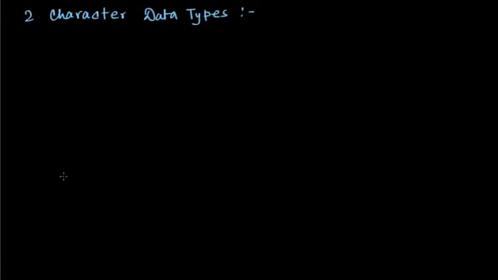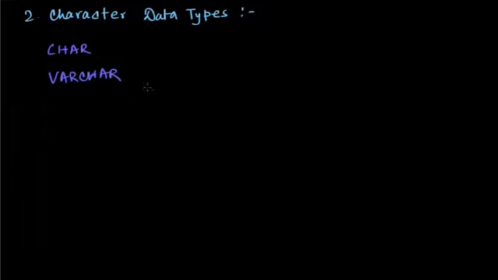Character data types. In character we have char. It stores a maximum of 8000 characters, but it will vary from OS to OS, it will be machine dependent. Similarly, we have varchar.